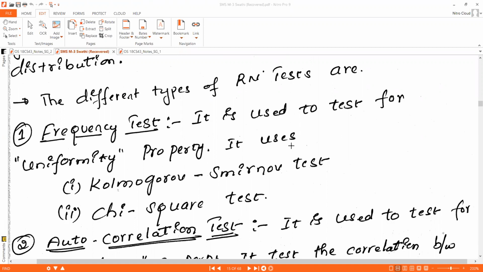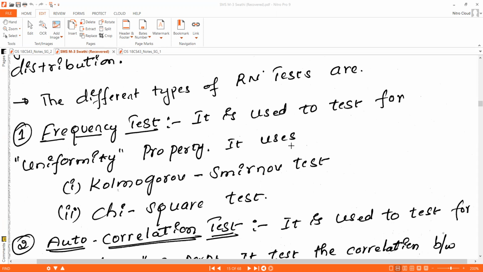Whether a random number follows the uniformity property or not will be tested using the frequency test. The frequency test uses two different types of tests to find the random number's uniformity.